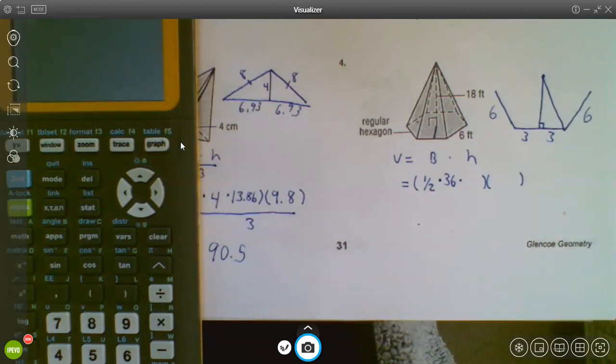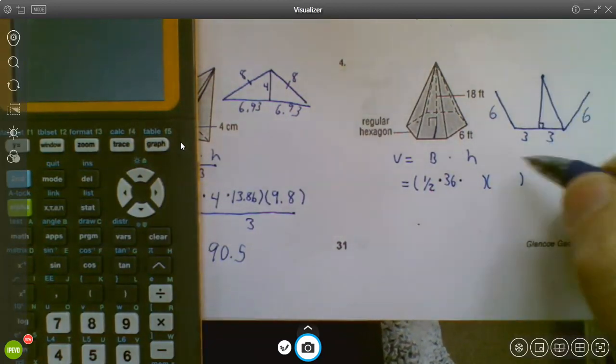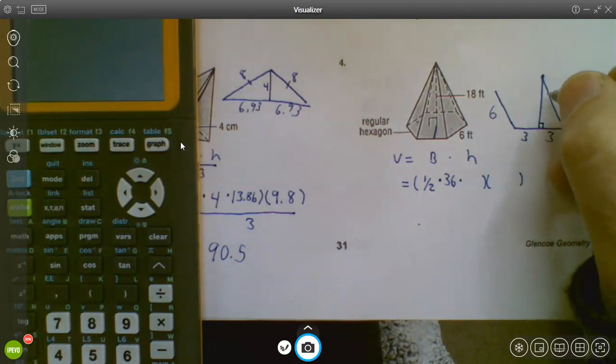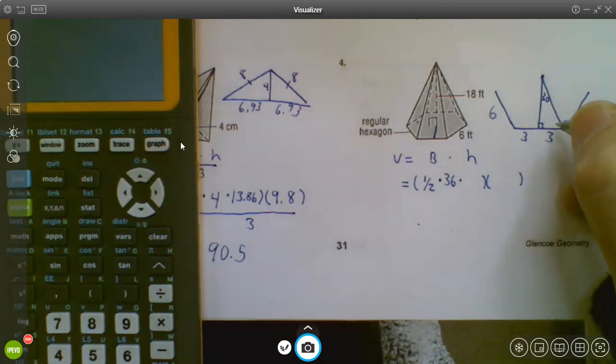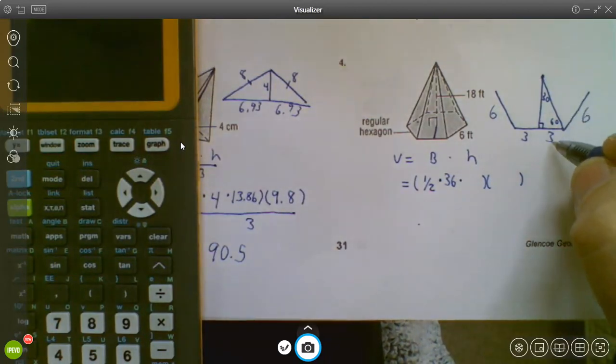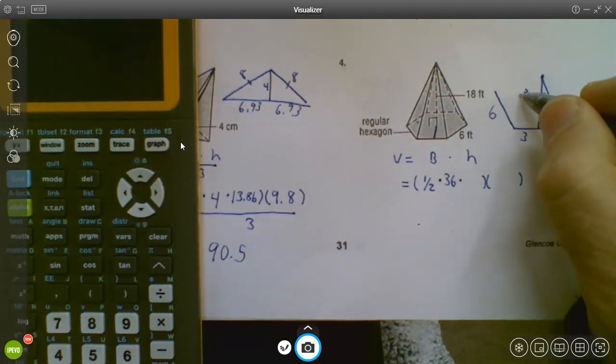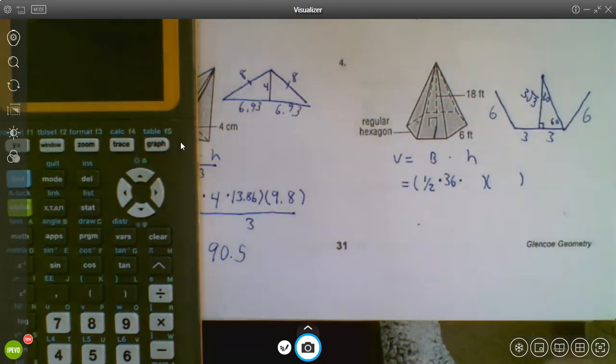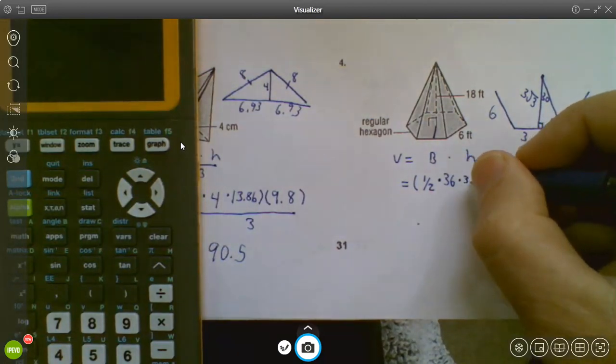So it looks like this. With a hexagon, as we saw in an earlier chapter, this is a 30-60-90 triangle right there. If this is our short leg, we can get the long leg by multiplying by the square root of 3. So there's our apothem. The apothem is 3 radical 3.